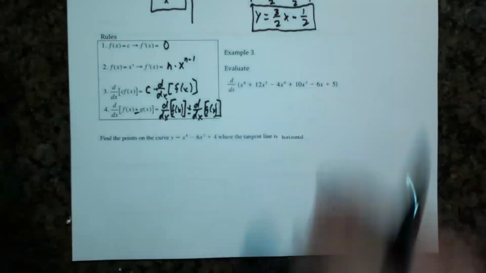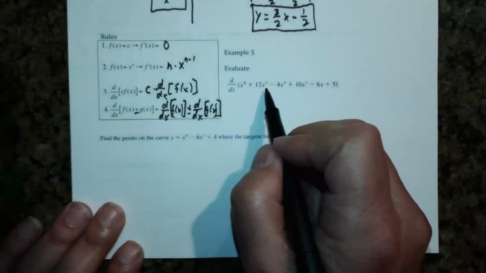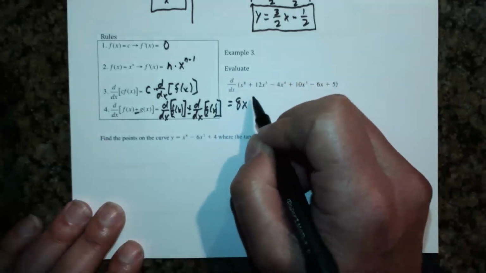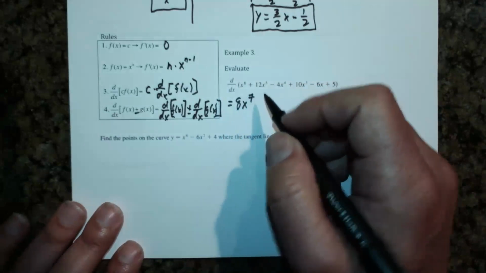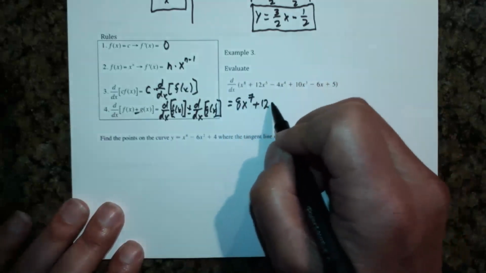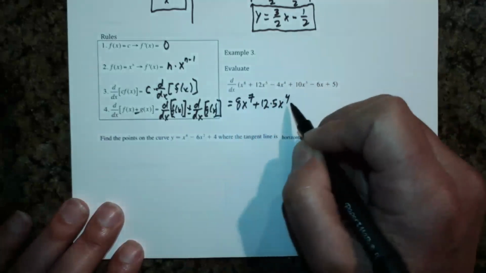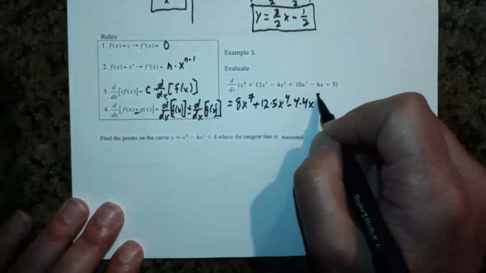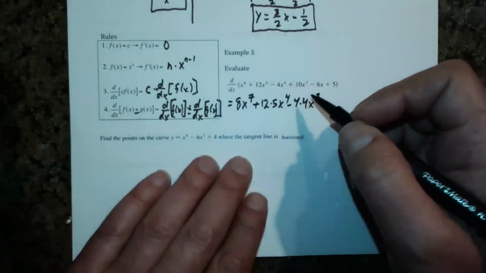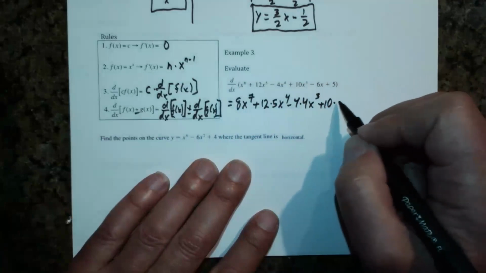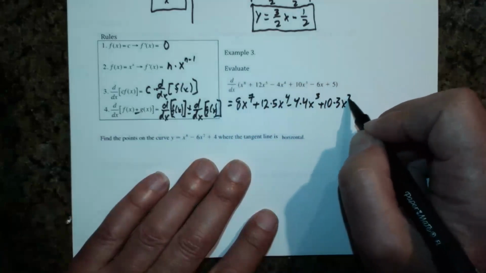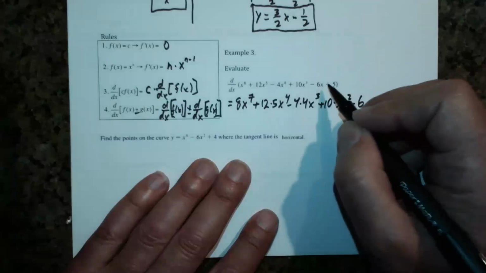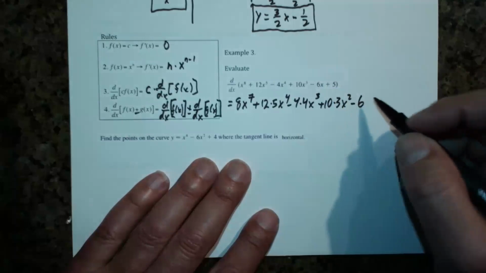So for example 3, when we want to do the derivative, I can just treat each one individually as I walk through this. This is going to become 8x to the 7th plus 12 times 5x to the 4th minus 4 times 4x to the 3rd plus 10 times 3x to the 2nd minus 6, and that's going to be x to the 0, so I'm not going to put the x to the 0, it's just 1.